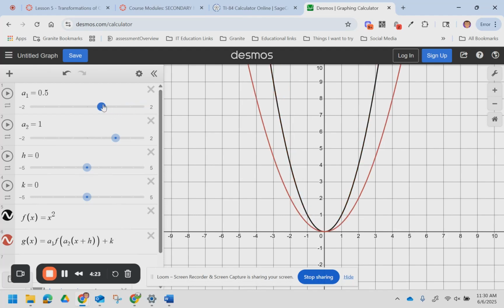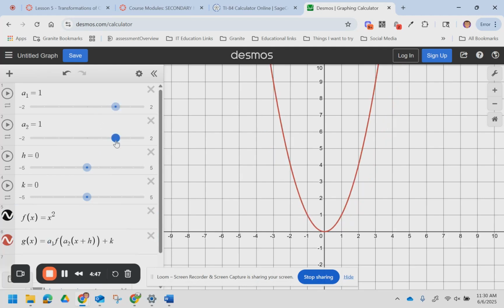If we take it down to a half, you'll now notice everything is half as high, where the black one, our parent, was at 4, the child is at 2. Everything is half as high. This is a vertical shrink by a factor of 1/2. So that's if we're multiplying the output.